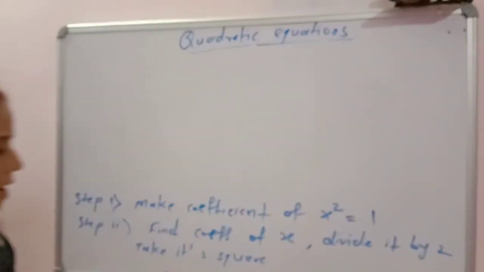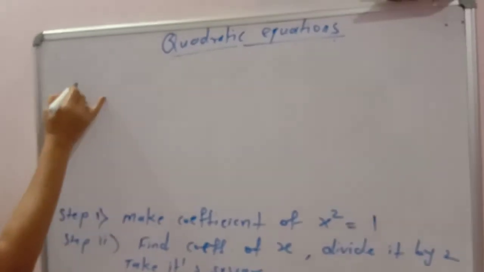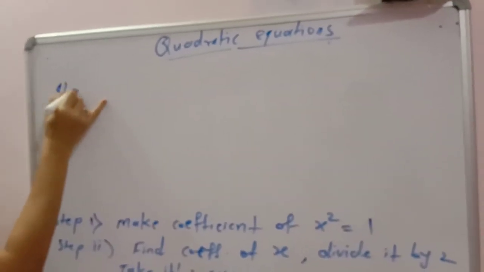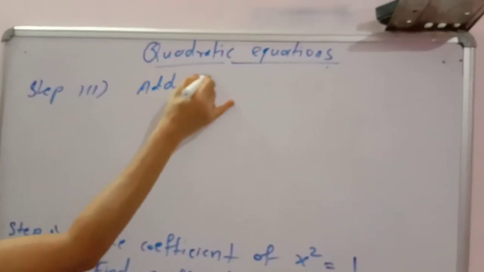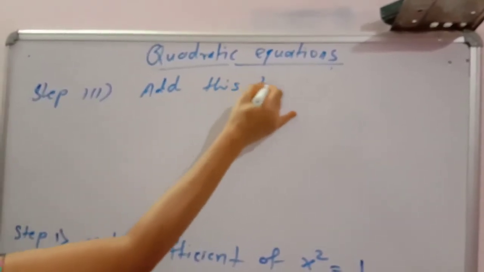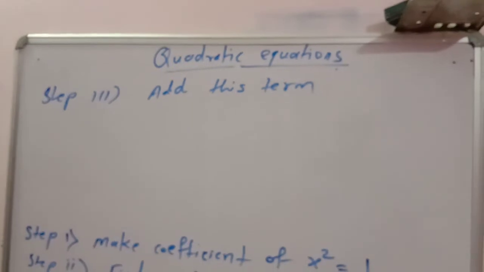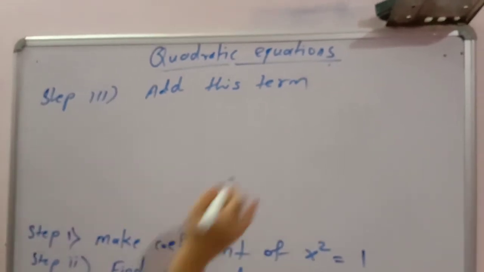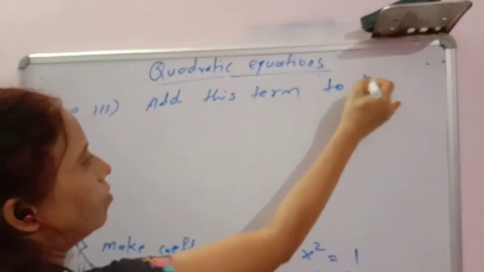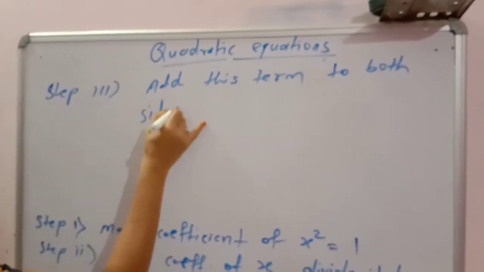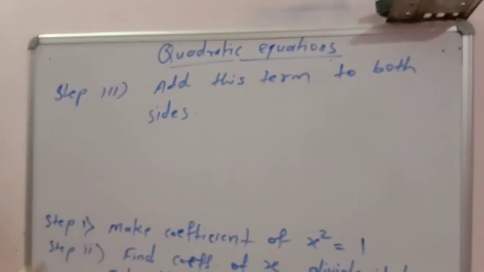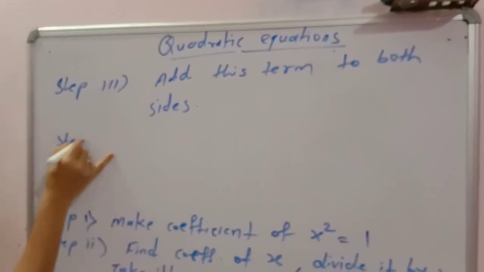Okay. Now in the third step, we have to add this term. This term is what? The term that we got in the second step. Okay, to both sides. Then in the fourth step, what we have done?